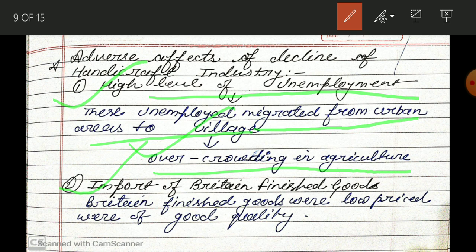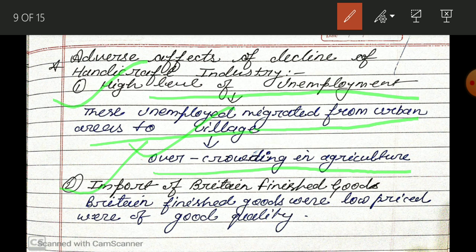When they manufacture goods with the help of this high priced raw material, the price of goods becomes even higher. So in this way they are not able to compete with British goods. Why? Because Indians are making goods by manpower, by the handicraft industry.